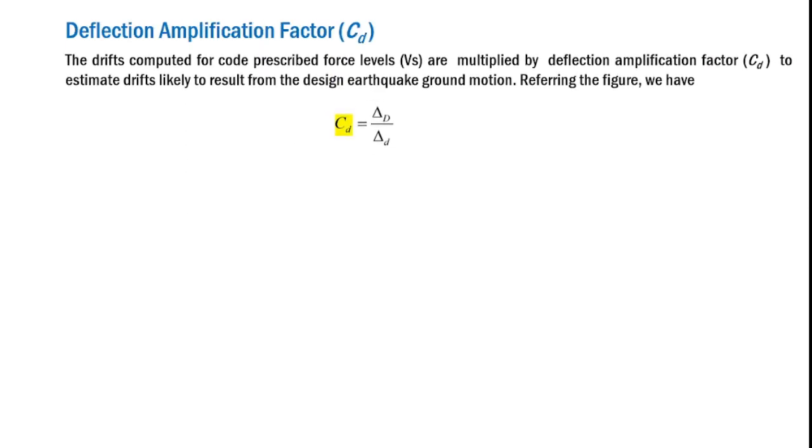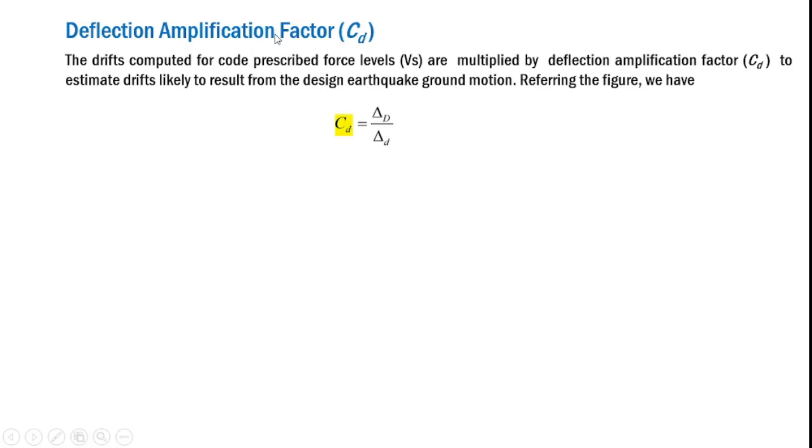Okay, fine. Now let me take you to another factor, that is the deflection amplification factor CD. Now remember that the code specifies a design force level that is indicated by Vs. And at this force level Vs, obviously we know that the structure remains elastic, and this will provide a corresponding drift, that is delta small d.